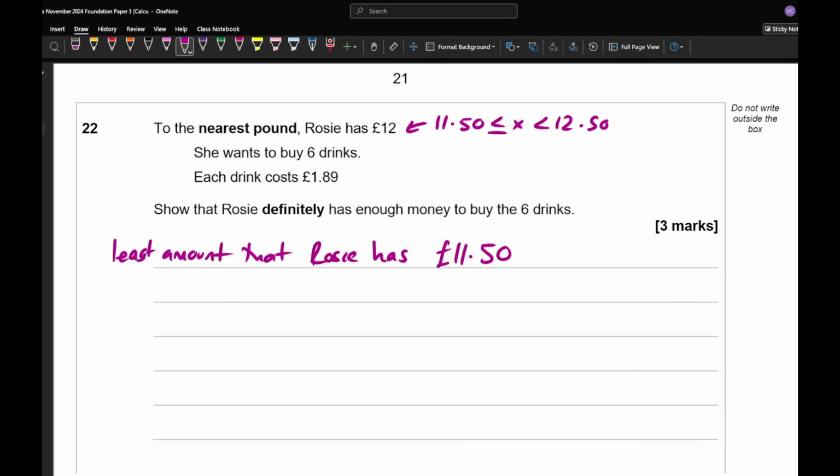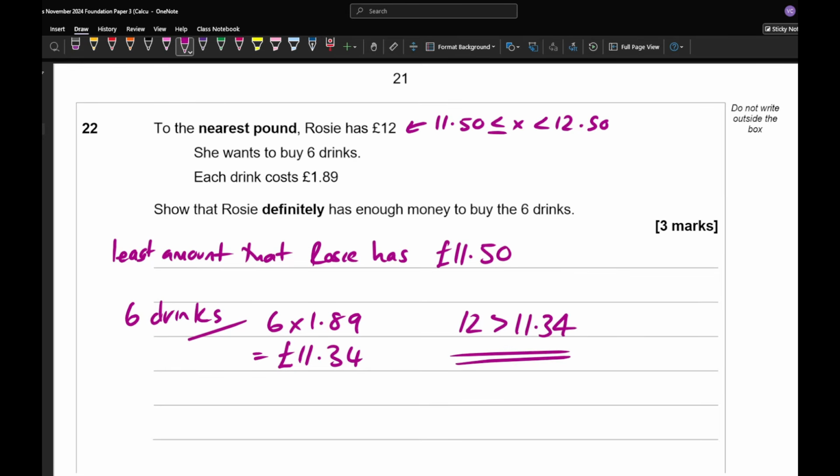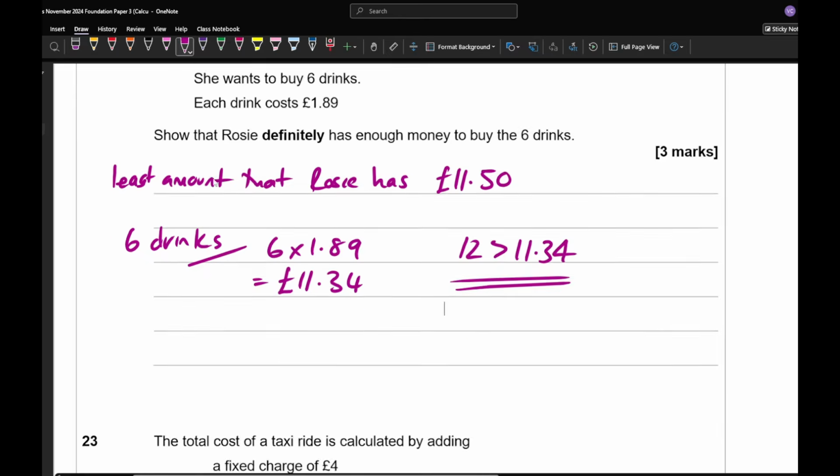Then if I work out how much 6 drinks cost, 6 drinks is going to equal 6 times £1.89. And if I type that into my calculator, I get an answer of £11.34. So as £12 is greater than £11.34, Rosie can definitely buy 6 drinks.